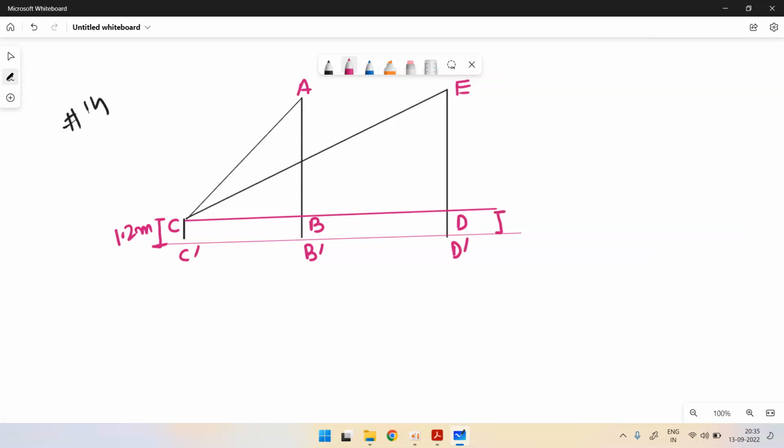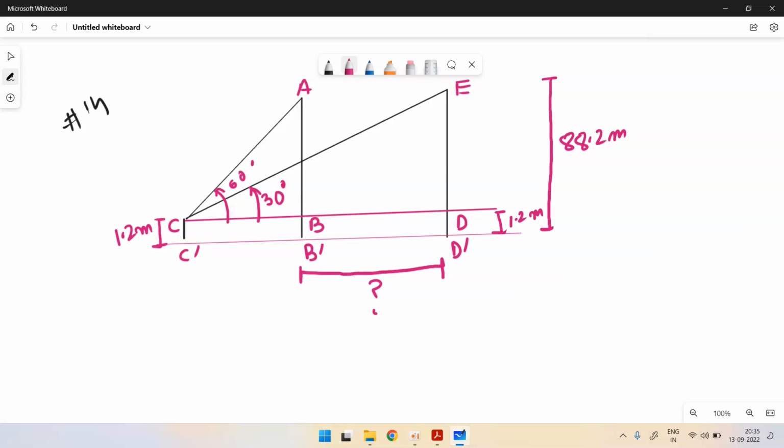So this will be 1.2 meters as it is, and this height is given to be 88.2 meters. Initially the angle of elevation was 60 degrees, and now it has changed to 30 degrees. What we need to find is the distance traveled, that is this much distance, BD or B dash D dash, they are all the same.